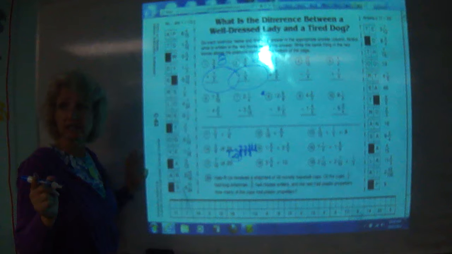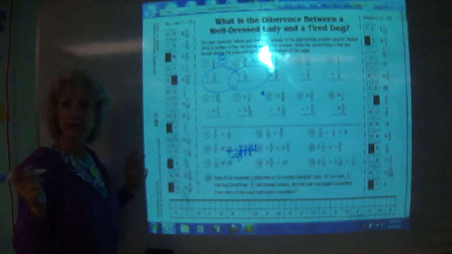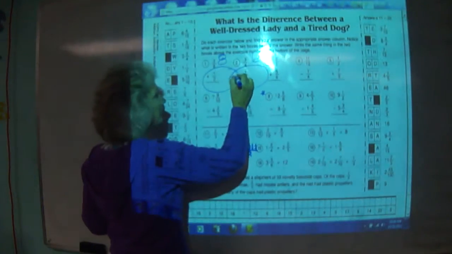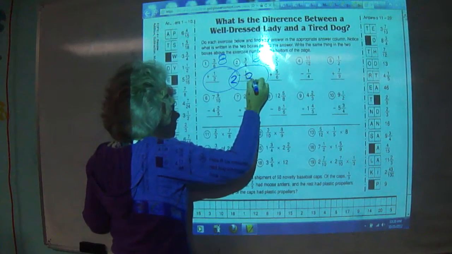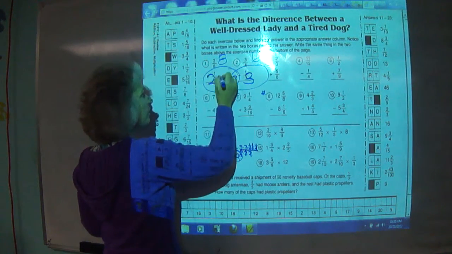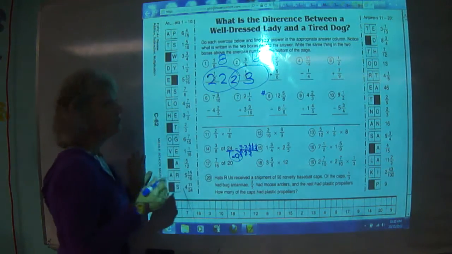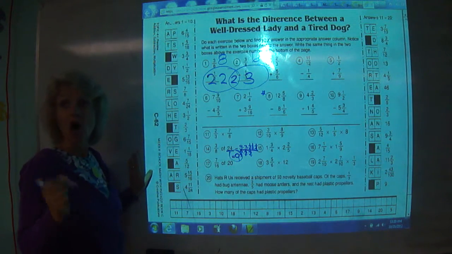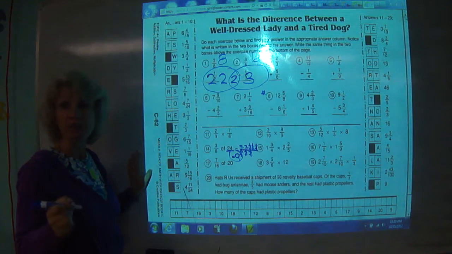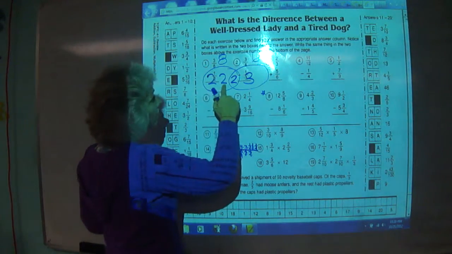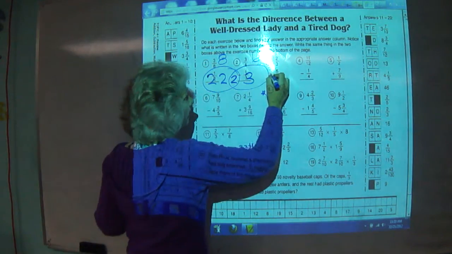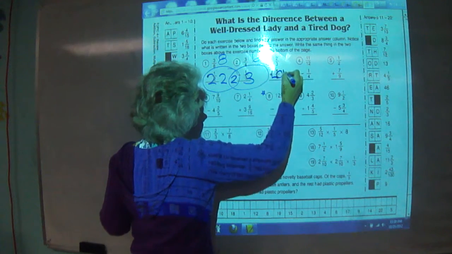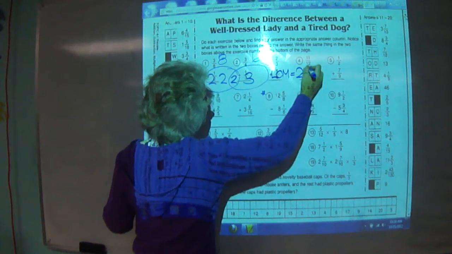What are the factors of 6? 2 and 3. What do they have in common? 2. So I'm going to put 2 in common, and I know 6 has a 3, and 8 has a 2 and a 2. So our least common multiple, also known as our common denominator, is 2 times 2 times 2 times 3, which equals 24.